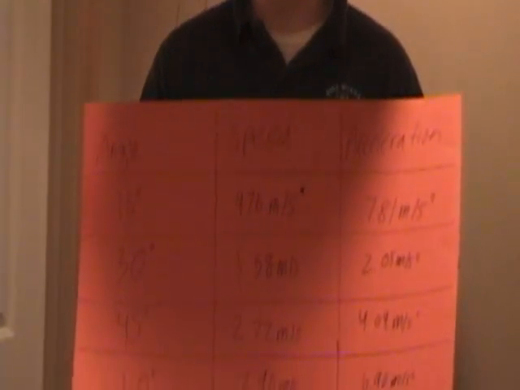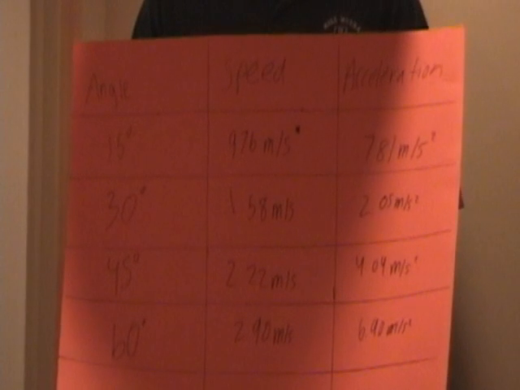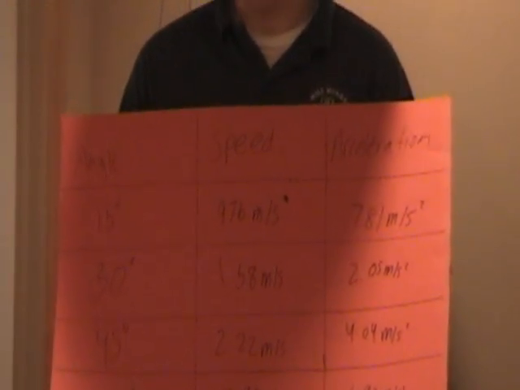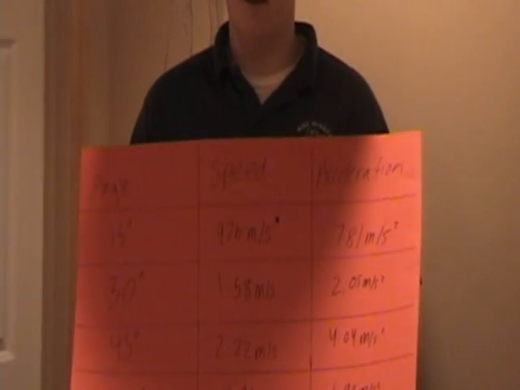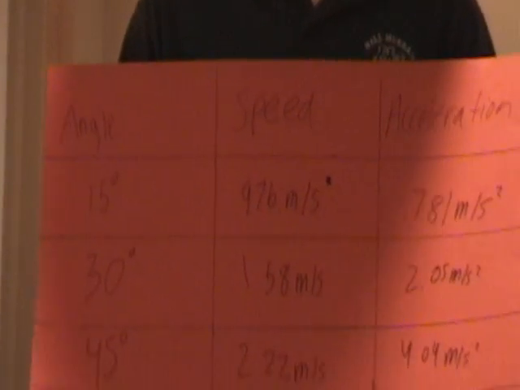As you remember, in the first experiment, we changed the angles of the ramp. Using the equation v equals x over t, we used the 1.22 meters of the ramp divided by the time that we found to get the speed. Using that speed, we were able to find the acceleration using the equation acceleration equals change in velocity over time.